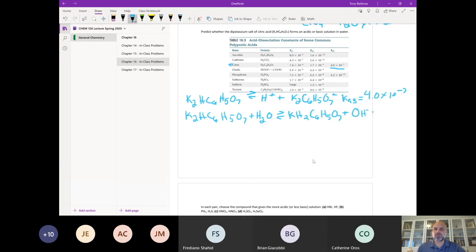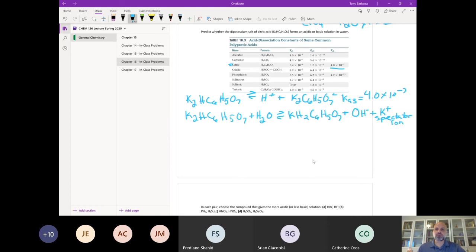I'm going to put this in here, but we also form a potassium ion. We typically ignore it because it's just one of our spectator ions. It's floating around in there, because you always wonder what happened to that potassium ion.